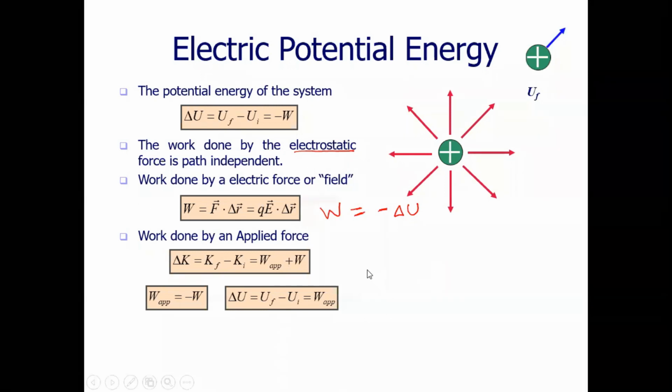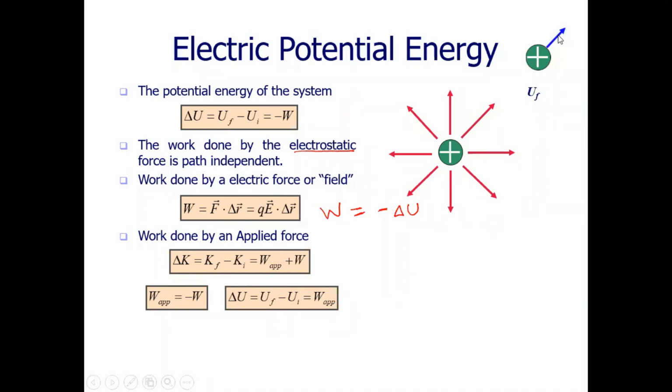Let us look at another scenario. If this charge here is moving very, very slowly, in such a way that it is moving with a constant speed, then you expect that the external agent must also apply a force in this direction, which is almost the same as the force.